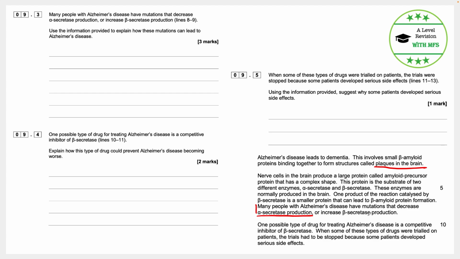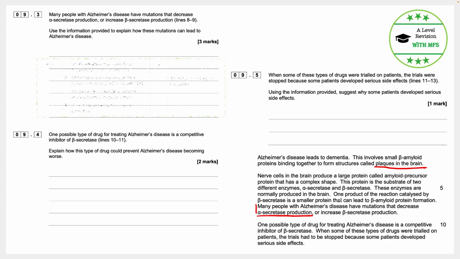Beta secretase is causing those beta amyloid proteins to be formed. With a reduction of alpha secretase enzymes, more substrate binds to the beta secretase enzyme, and therefore more beta amyloid proteins are forming, and that's what's causing the plaques in the brain to form, which is leading to dementia.